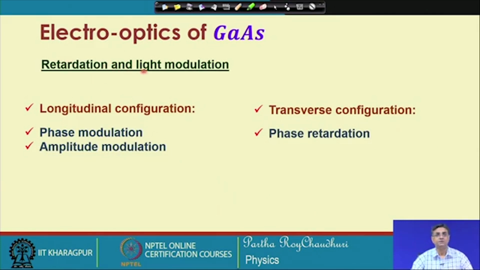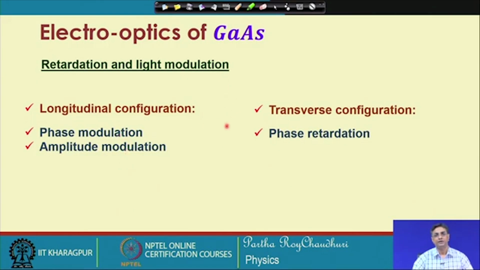For this system, this retardation and light modulation can be subdivided into two different ways of looking at it. The configuration is longitudinal when the electric field and the light which has to be modulated are travelling in the same direction through the medium. That longitudinal configuration can be designed as a phase modulator as well as an amplitude modulator, and we will see through examples how the light can be modulated.